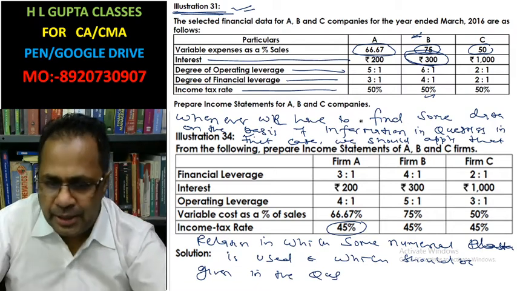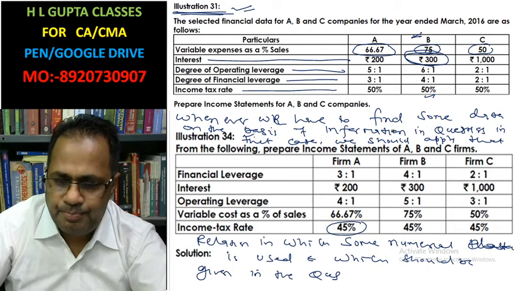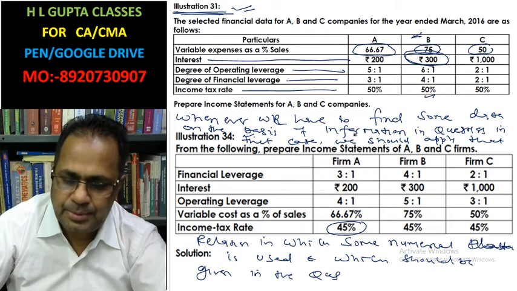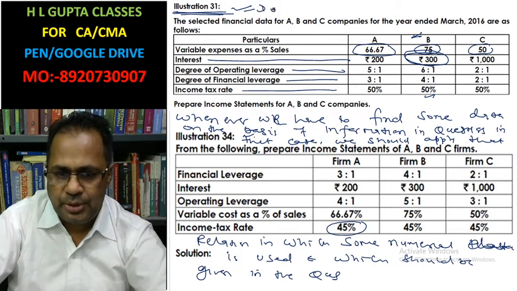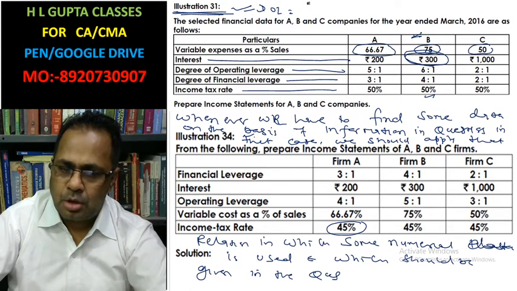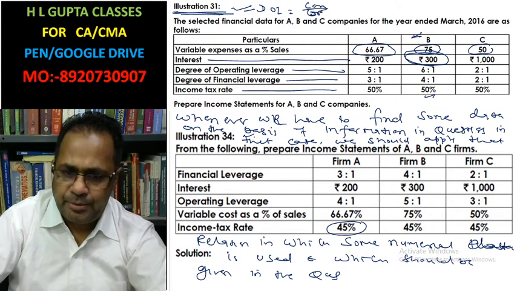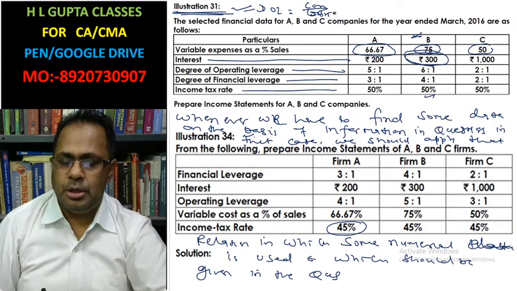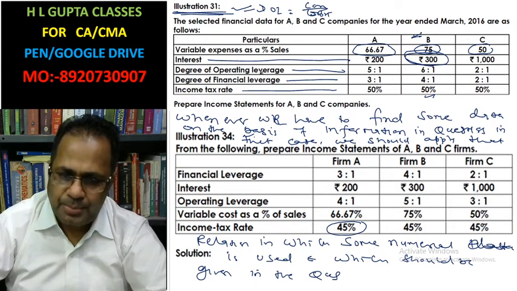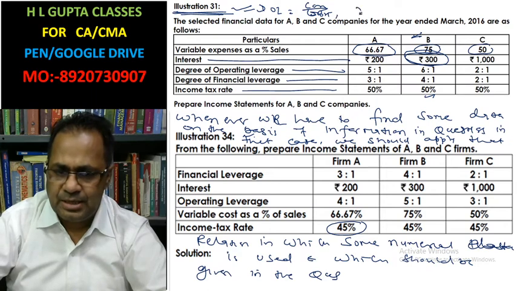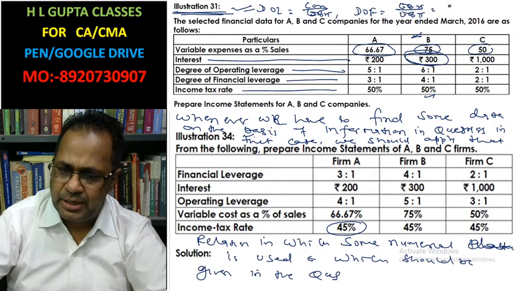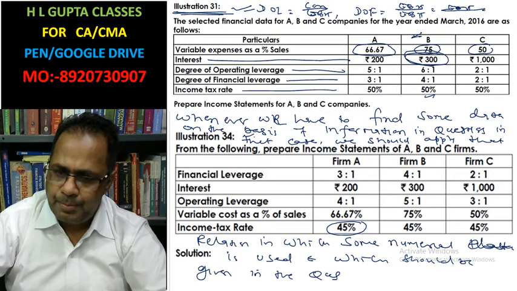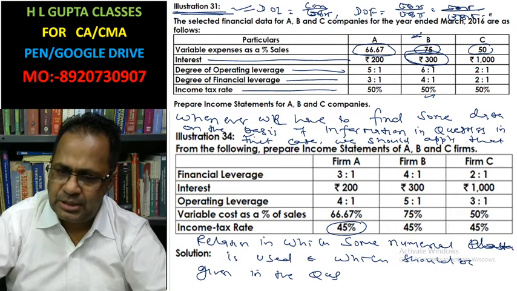Look at it here, degree of operating leverage is given as well as degree of financial leverage. Degree of operating leverage, as we know, is contribution upon EBIT, in which interest is not applied. But in degree of financial leverage, it is EBIT upon EBT. EBT can be written as EBIT minus interest.